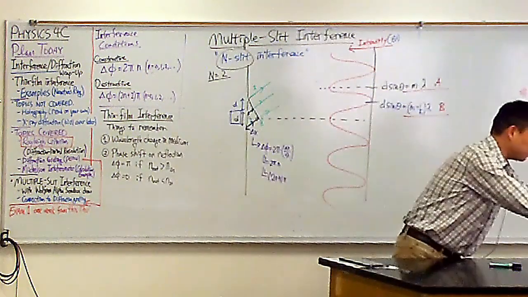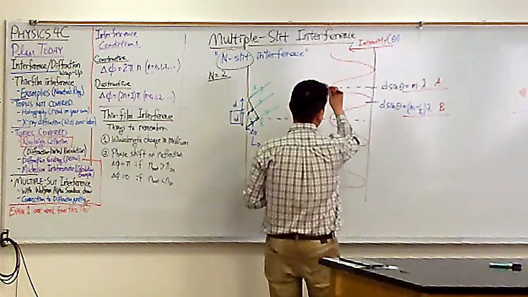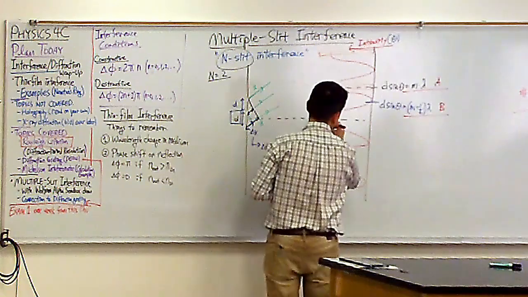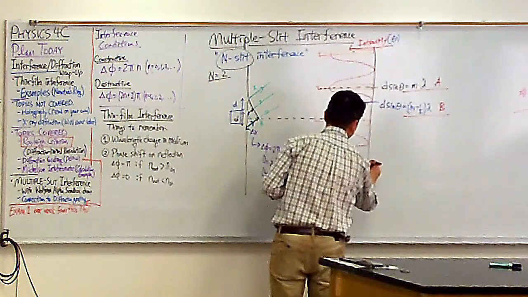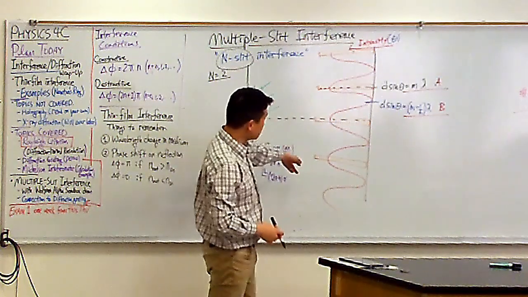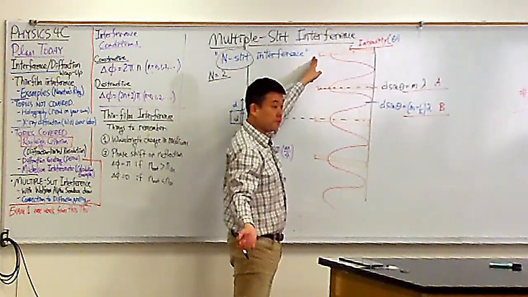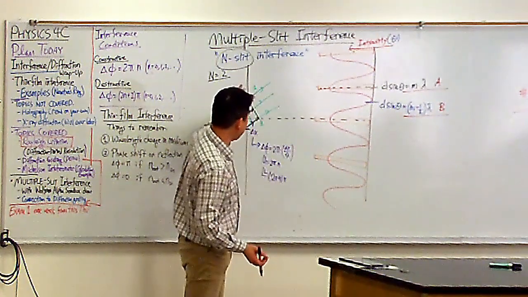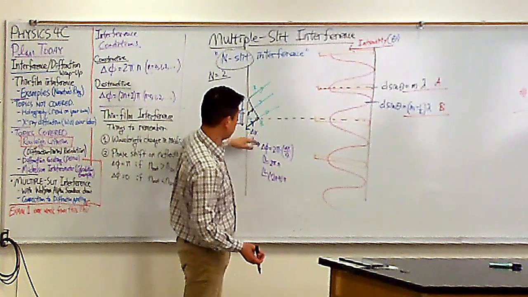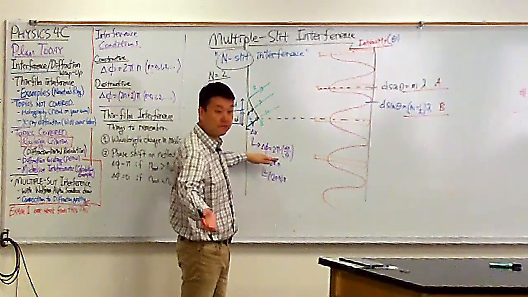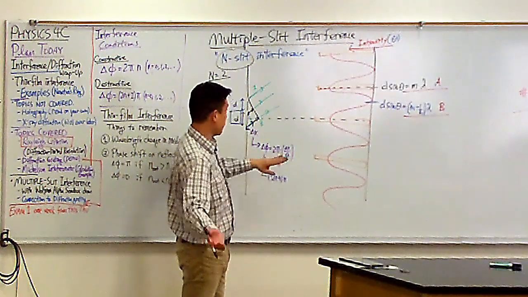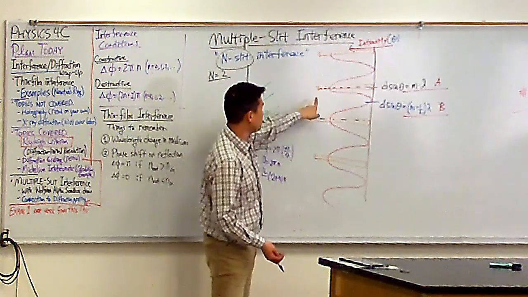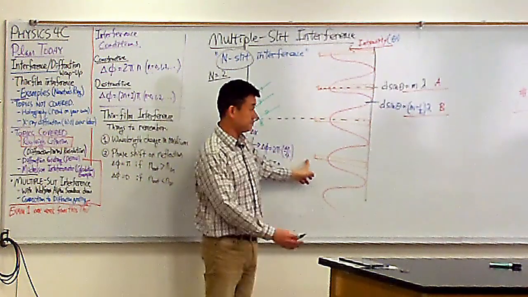Whatever locations you had constructive interference in with a double slit, you can use those locations as constructive interference for any n number of slits, because these were the locations where each neighbors were constructively interfering. So you add more neighbors, and they keep adding with the same phase. So that's one key thing to remember conceptually: no matter how many slits you have, the location of constructive interference will not change.